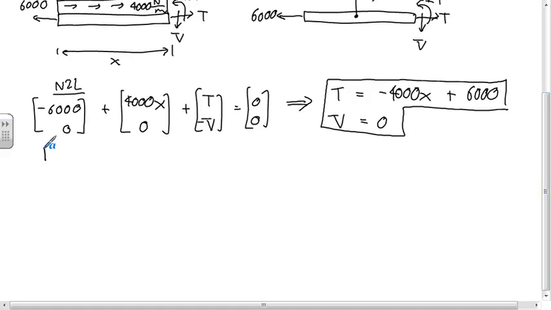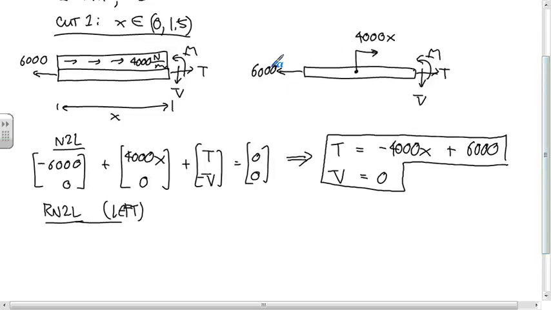And now the rotational equation, calculating the moments about that left endpoint. Does the 6,000 Newton force produce a moment? No. Does the 4,000 x produce a moment? Well, remember, even though I drew it like it's acting, its line of action goes right through that endpoint.